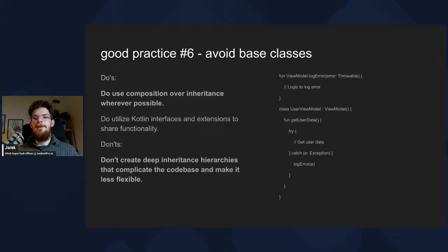And embracing composition over inheritance simplifies this architecture and makes our code more modular and easier to work with. And over reliance on base classes can lead to inflexible architecture that is just not right.